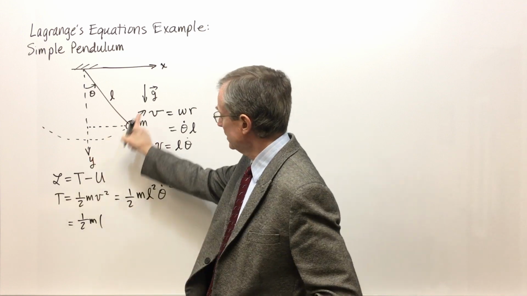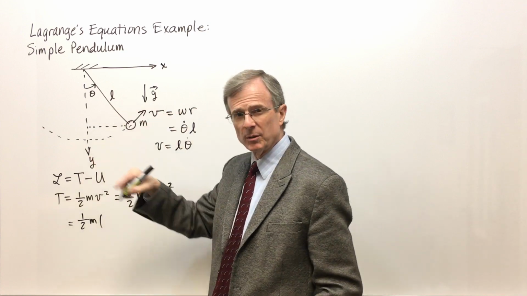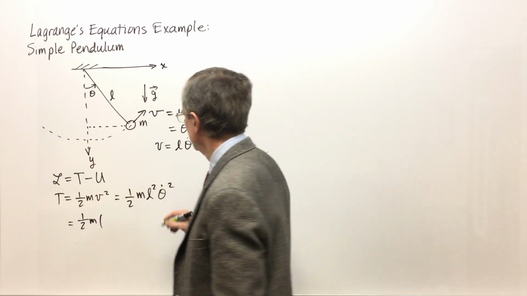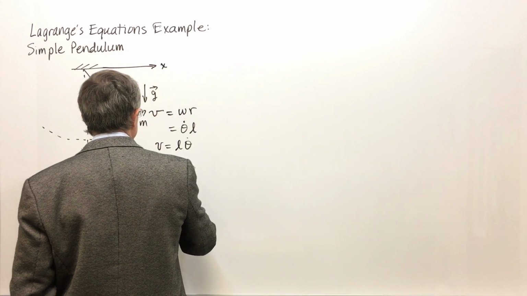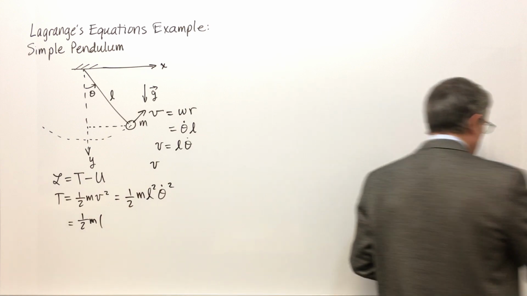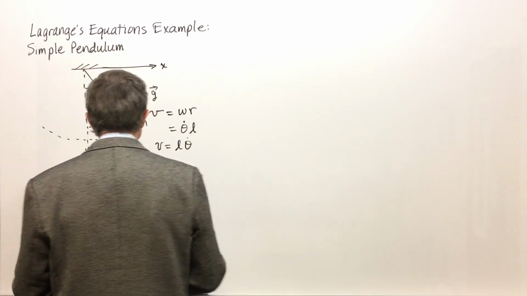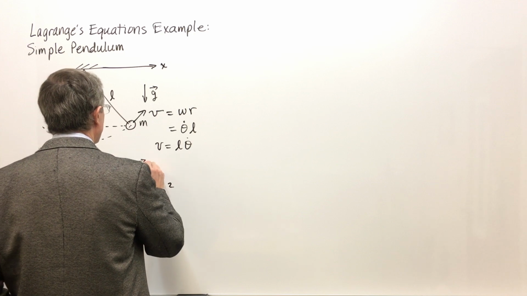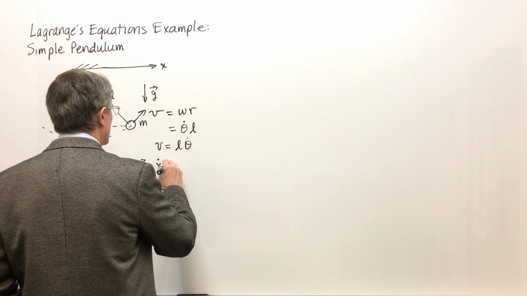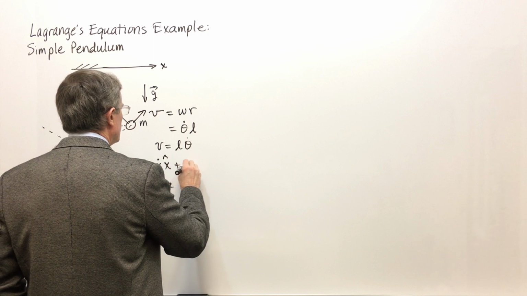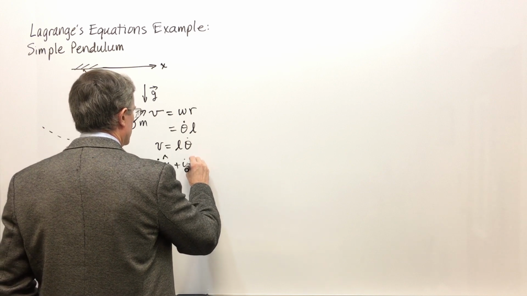V is a vector. It has an x dot component and a y dot component. So the vector velocity V can also be written x dot x hat plus y dot y hat.